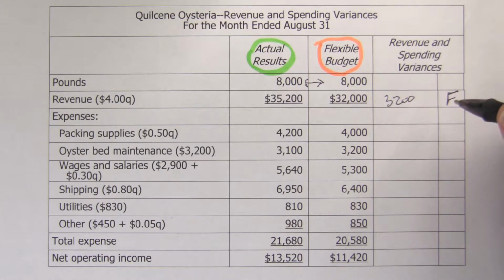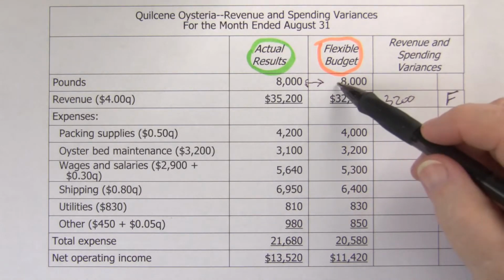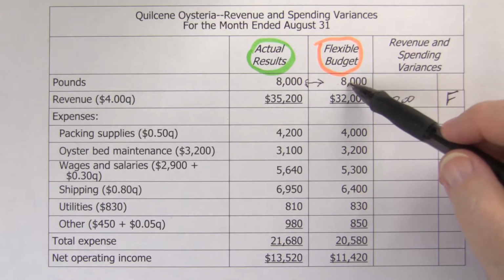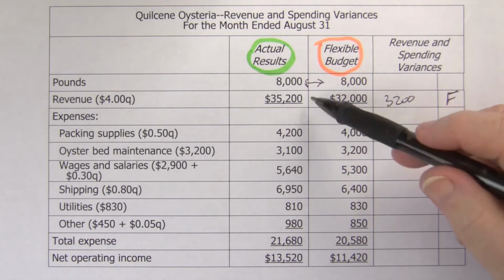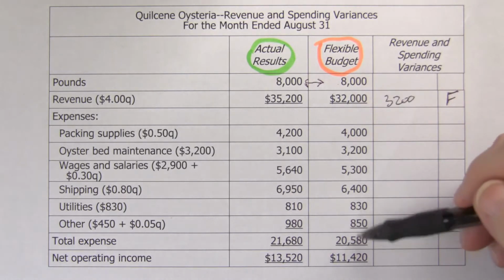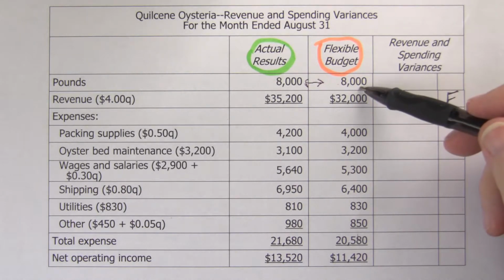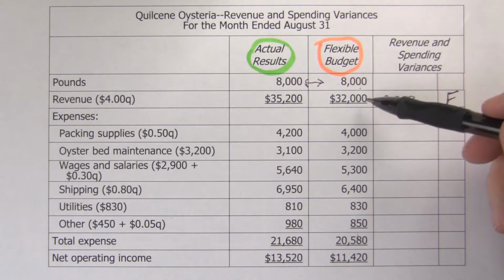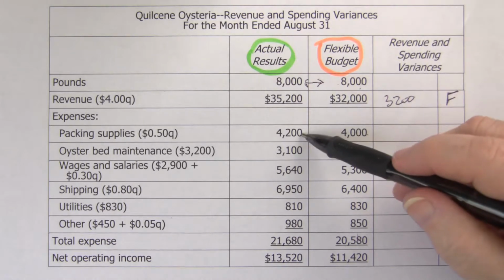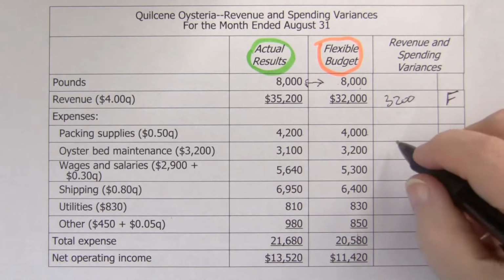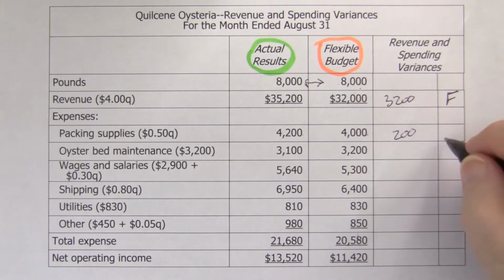Again, this is not an activity variance because our activity was right on. We expected 8,000 and hit 8,000, spot on, and all of these numbers were adjusted for an output of 8,000 pounds of oysters. We expected to spend $4,000 for packing supplies. We spent $4,200. We spent $200 more. That's unfavorable.